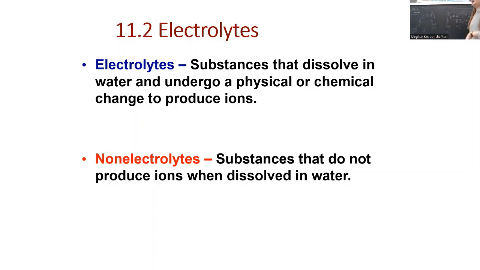But first I want to address non-electrolytes. Non-electrolytes are going to be covalent. So they're all attached by covalent bonds. Covalent bonds are very strong, and so they're not going to separate when they get into water. They're going to stick together. How am I going to recognize a covalent molecule? What will it have? Or what will it only have?